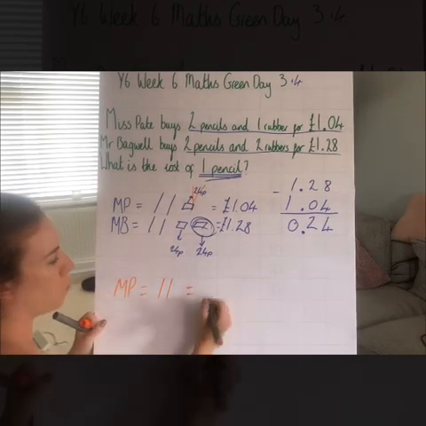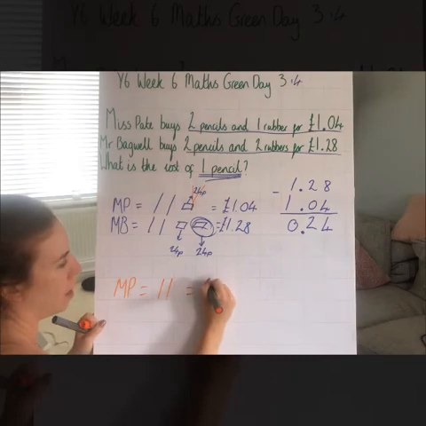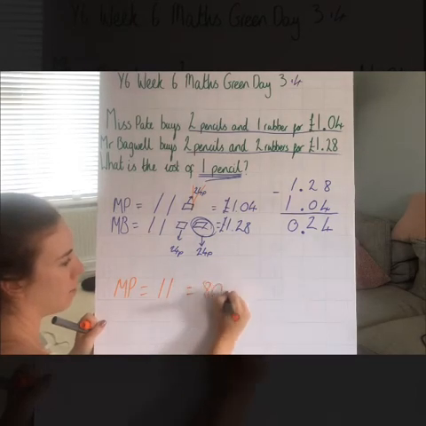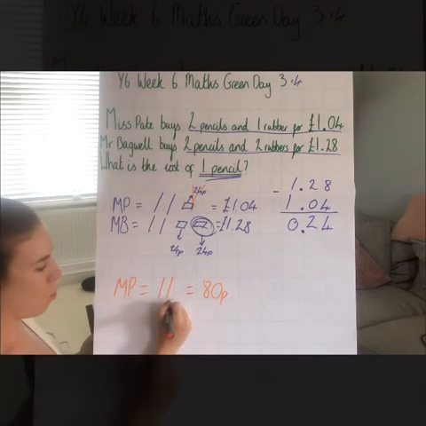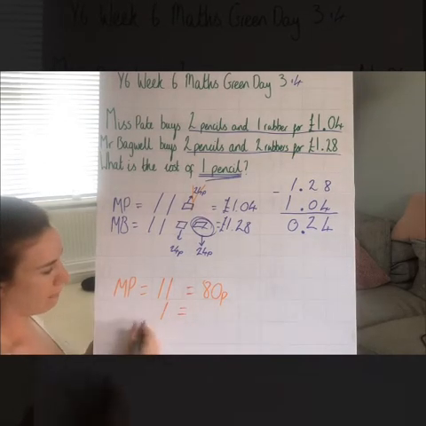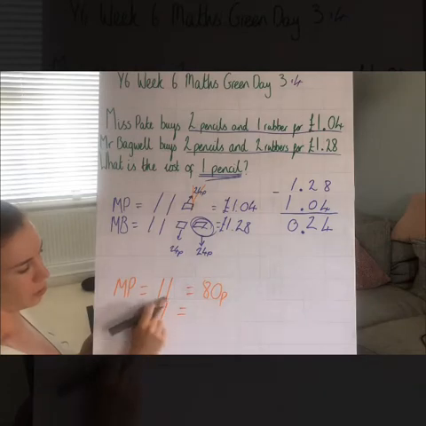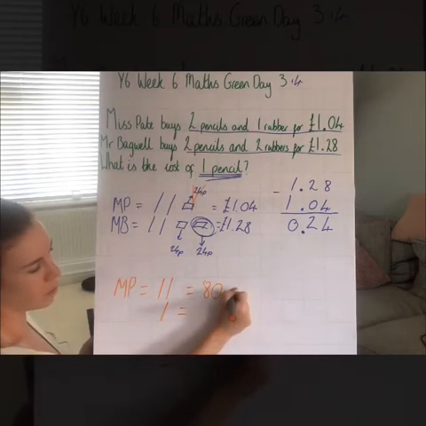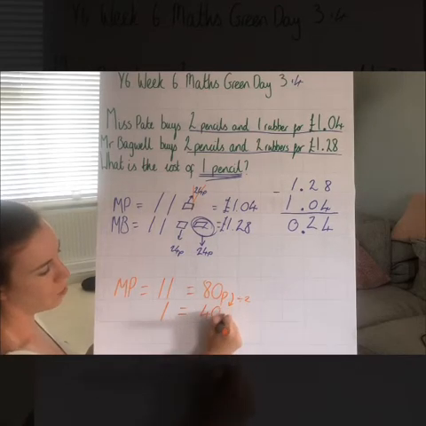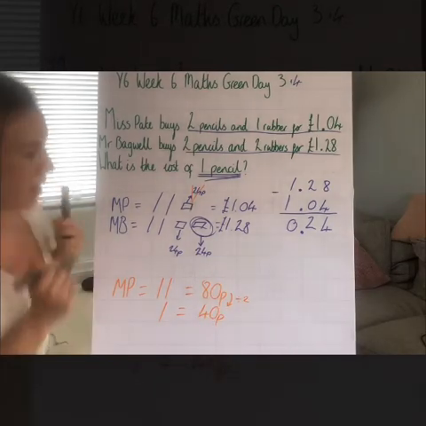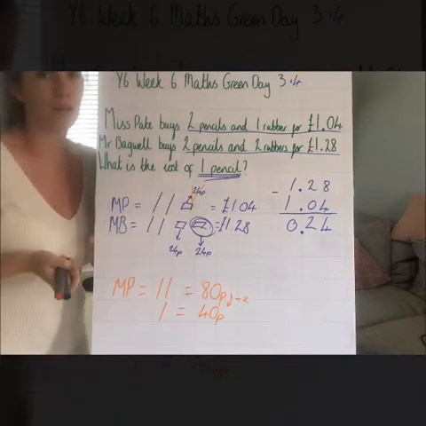So £1.04 take away 24p is 80 pence. So 2 pencils cost 80 pence, which means that 1 pencil is going to be divided by 2. I've got 2 pencils, so if I halve that, divided by 2, is 40 pence. So 1 pencil must equal 40 pence.